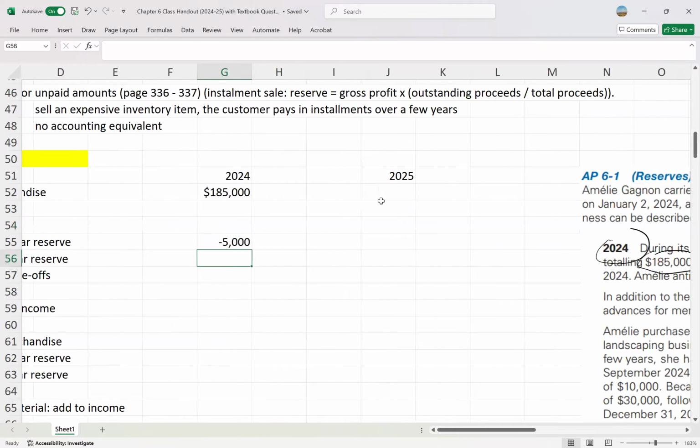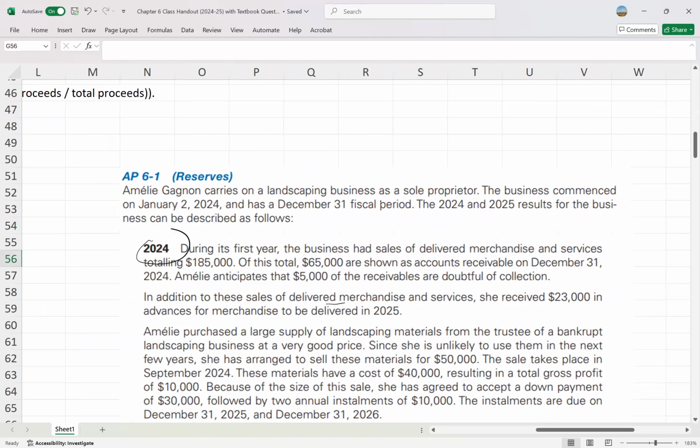In addition to the sales of these delivered merchandise, she also received $23,000 in advances for merchandise to be delivered in 2025. This is that unearned revenue that we were talking about. She received a deposit this year, but she's not going to deliver the merchandise until next year.